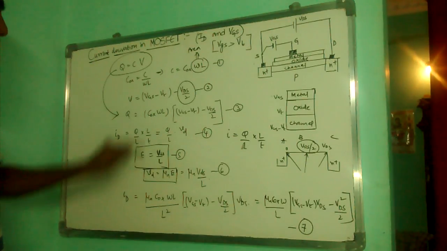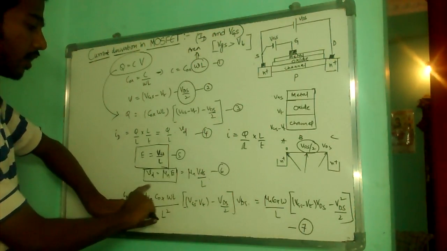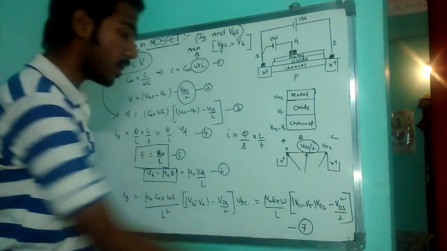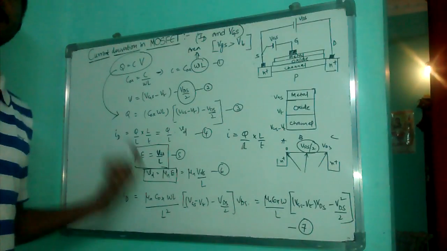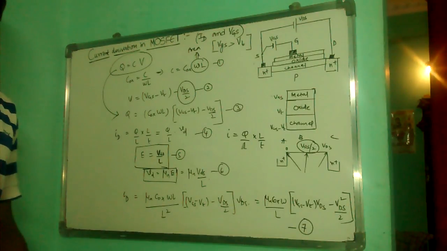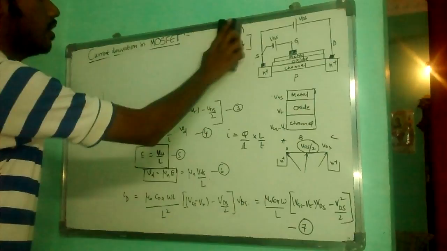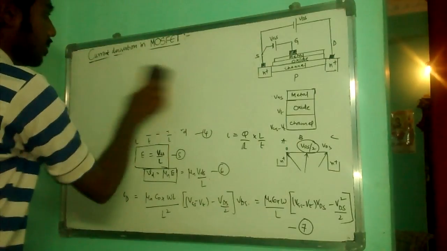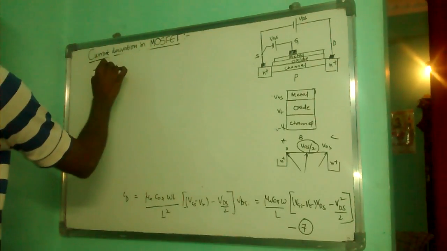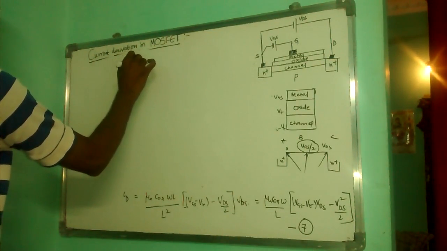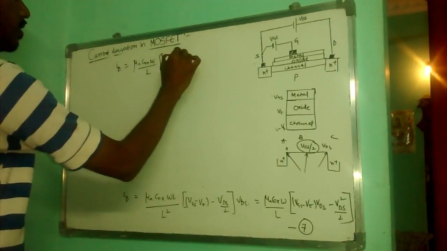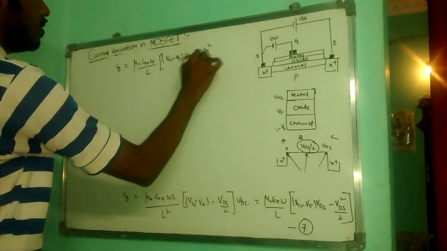Already we got Q by L, and Vd equal to mu n VDS by L. Substituting this here, you get the equation for ID in the linear region: ID equal to mu n Cox W by L into (VGS minus VT) VDS minus VDS square by 2.